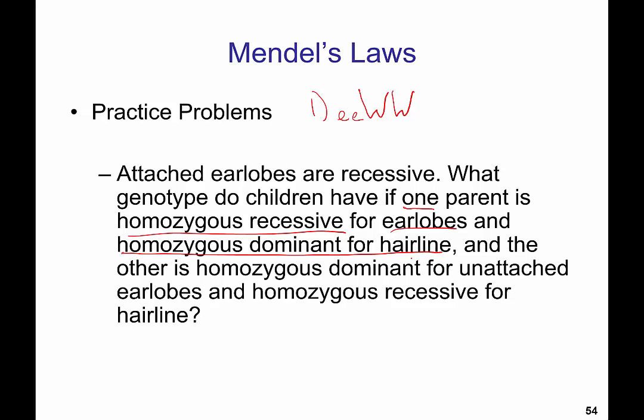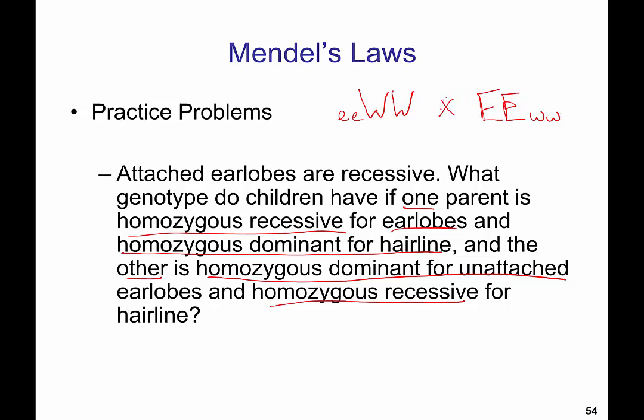Parent number 2 is homozygous dominant for unattached earlobes. So parent number 2 looks just the opposite. It has unattached earlobes, being homozygous dominant, and is homozygous recessive for hairline. So that would be a straight hairline.